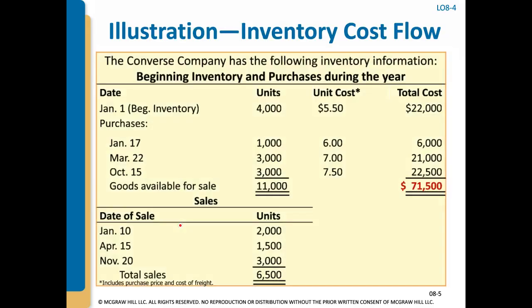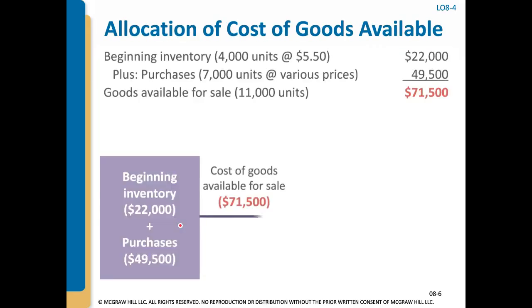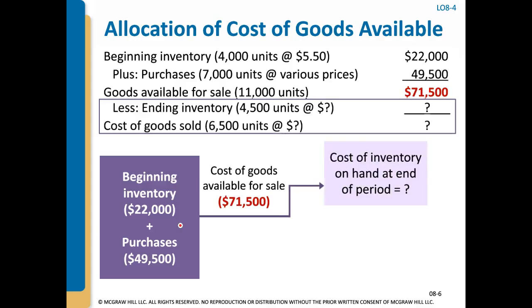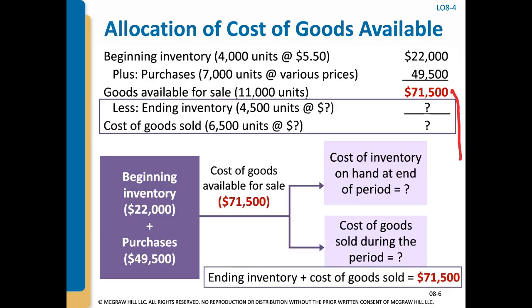And we've got to figure out how to allocate the 71,500 between those two items: the inventory that's going to remain at year end, and the amount that we've sold and expensed through cost of goods sold.